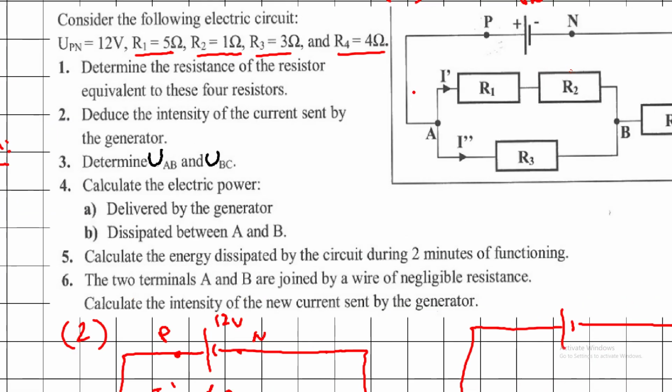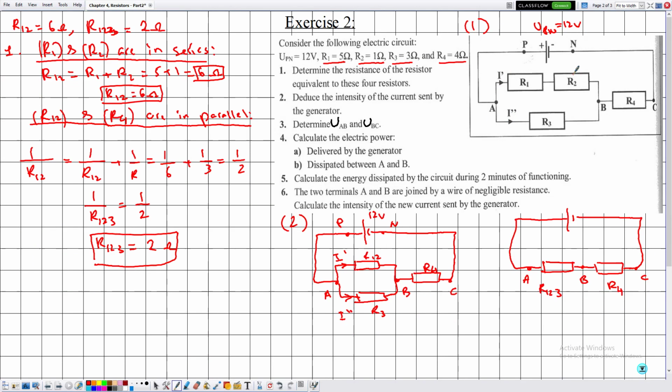Notice that in this case I prime and I double prime vanish. Let me label here a current I, which is the main current. So this is the main current I, because this is a main branch.